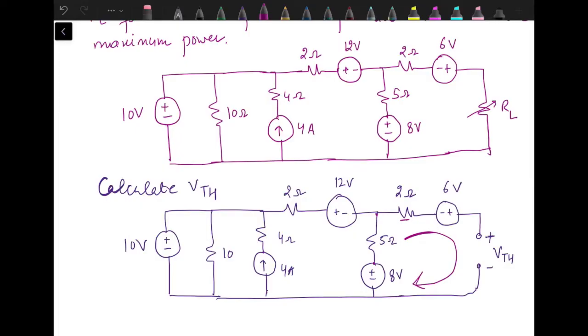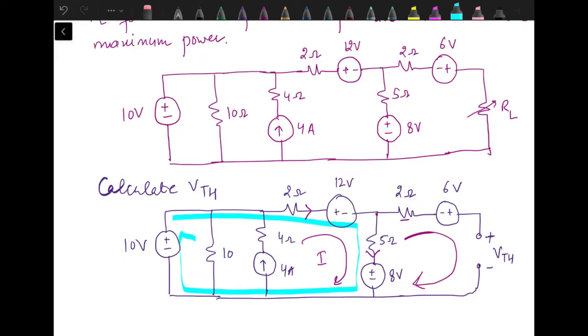So if I assume that the current in this loop is I, then current through 2 ohm is I, current through 5 ohm is I, and I can apply KVL in this loop. It's not a mesh, but it's a loop.